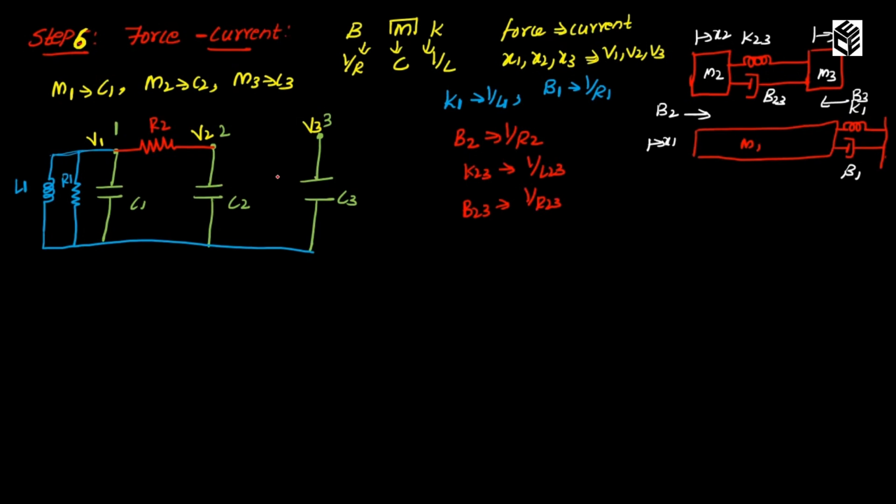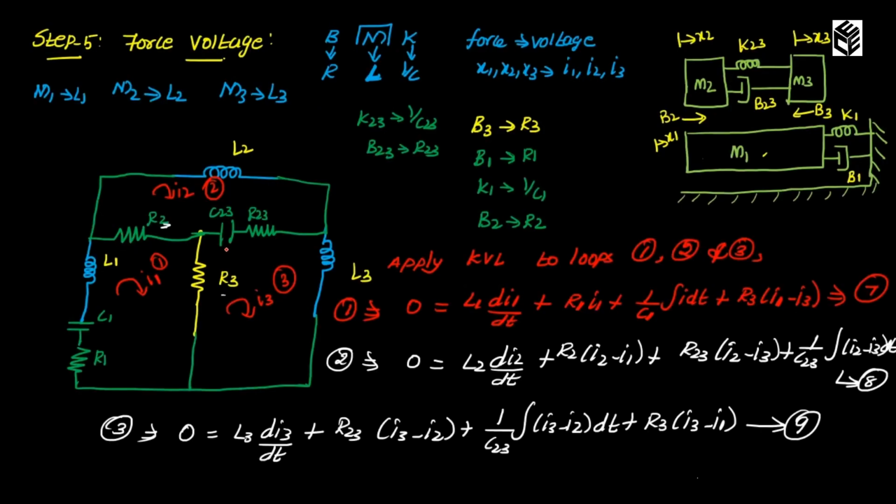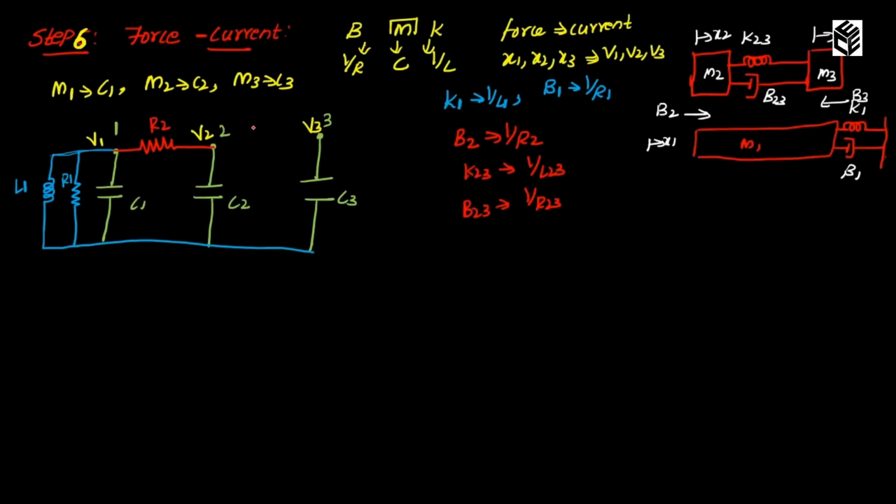So in the previous diagram it is connected in series. Now we are going to connect in parallel. So this is our L23 and this is our R23.